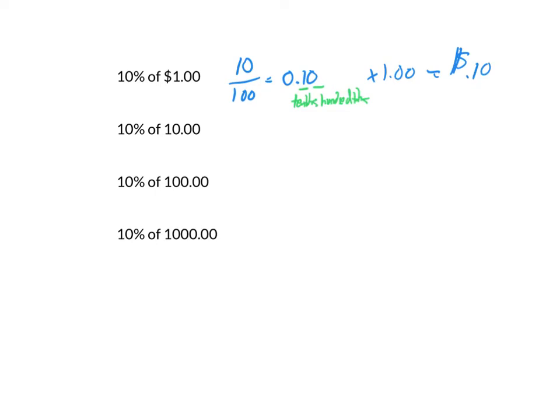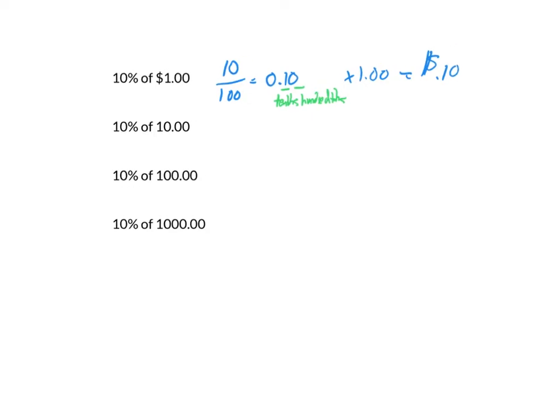Let's do the same thing for 10% of $10. So we've got 10 hundredths times $10, and we know that equals $1. Now we go to the next, $100. We've got 10 hundredths times $100 equals $10.